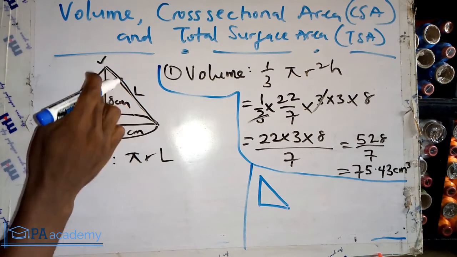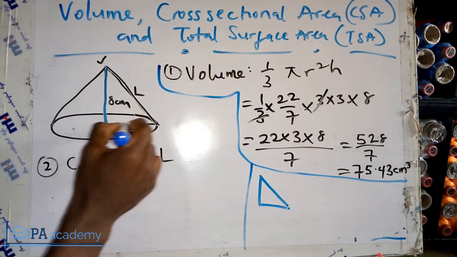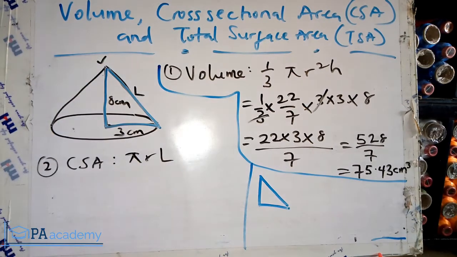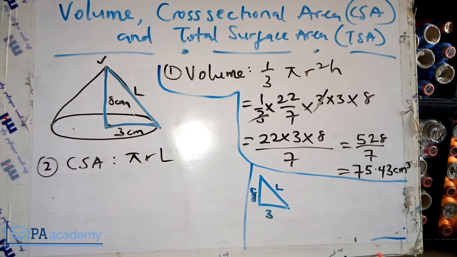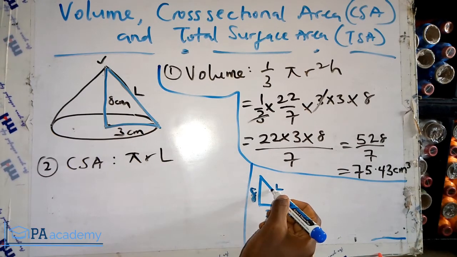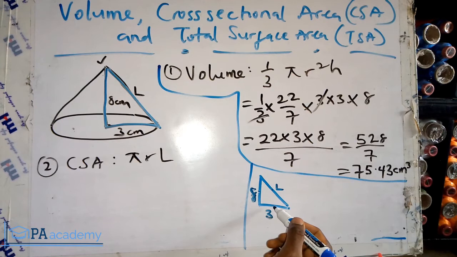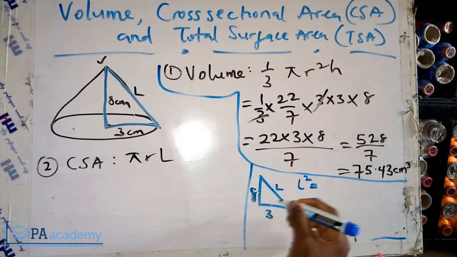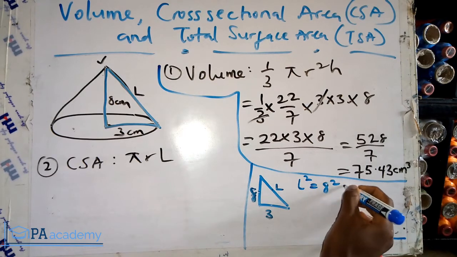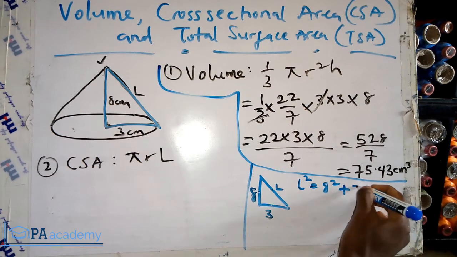So I'm bringing out this triangle here. That means here is 3, here is 8, and this is the L. Right here we can apply Pythagoras theorem, which is hypotenuse square is equal to opposite square plus adjacent square. So we'll have L square is equal to our opposite 8 square plus our adjacent 3 square.